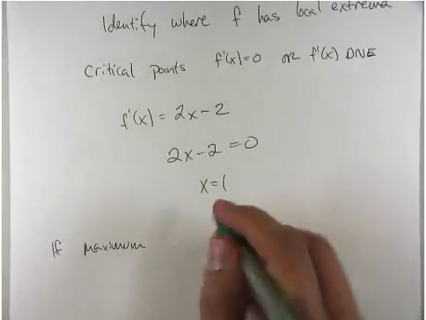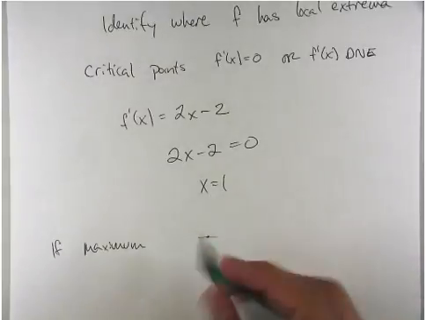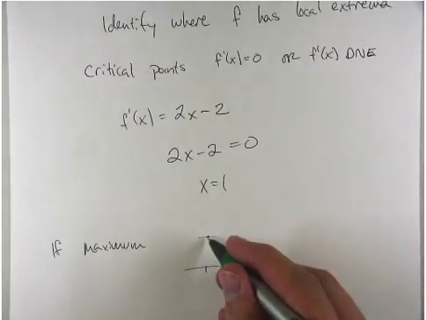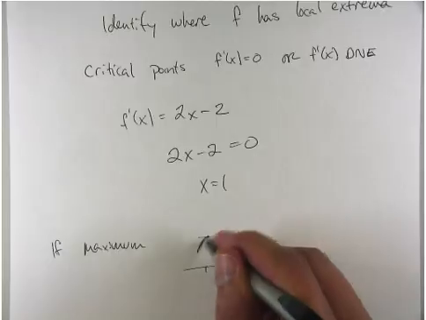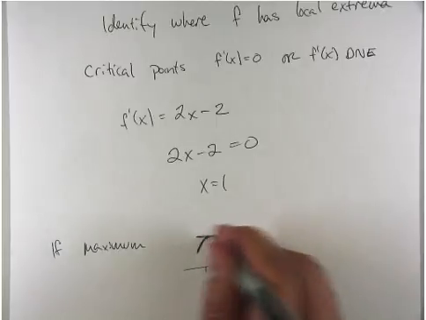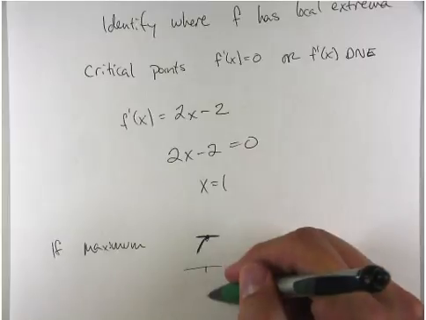If I had a maximum, it would be 0 at 1. And what would it look like just to the left of there? Yeah, I'm coming down, right? So the slope, what are the slopes over here? The slope is 0 at 1. What would the slopes to the left of 1 look like?